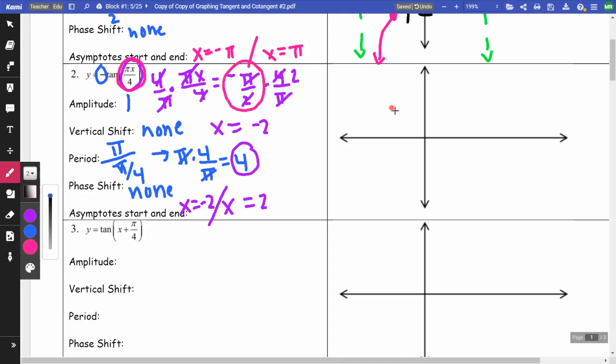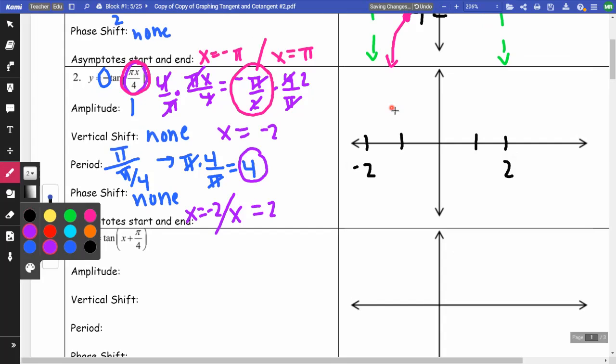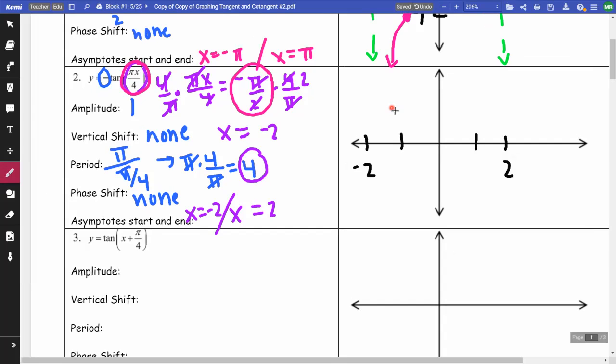Okay, so let's see. So for this, not having any shift, it is going to flip. I'm going to be going from negative 2 to positive 2. Okay, and so I have an asymptote at x equal negative 2. I have one at x equal positive 2.